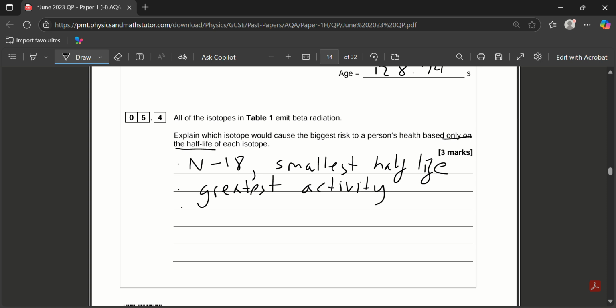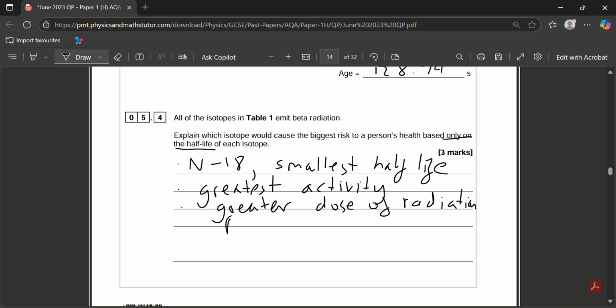And therefore, a greater activity essentially means a greater dose of radiation per second, because it's technically a greater rate of dose of radiation, and that rate basically means per second.